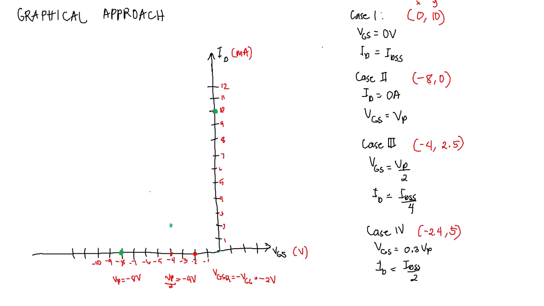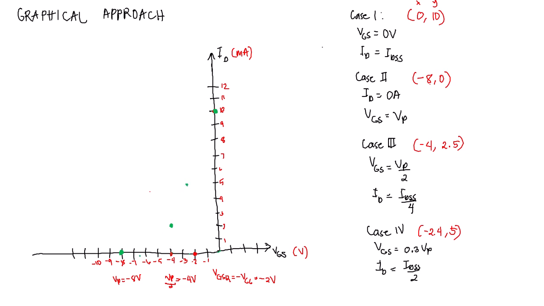So somewhere here is our point for case 3. And for the last one, we have 0.3 of negative 8, that gives us 2.4, somewhere here midway, and then our ID is equal to IDSS over 2, which is 5. Maybe somewhere here.